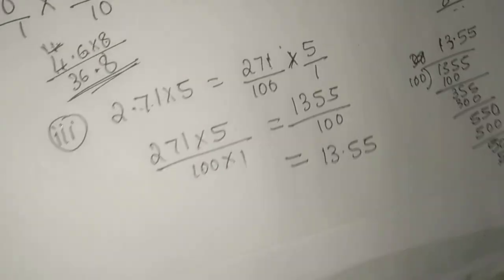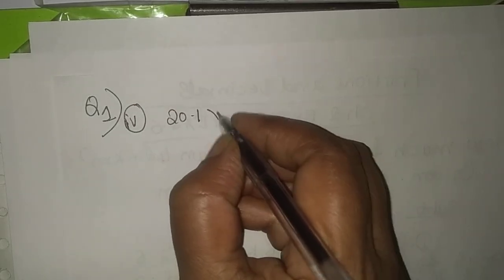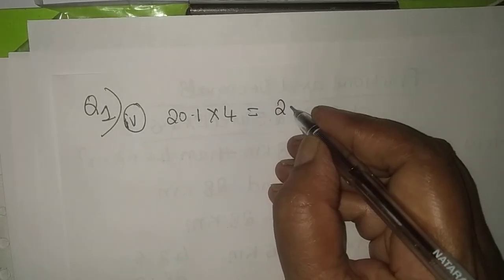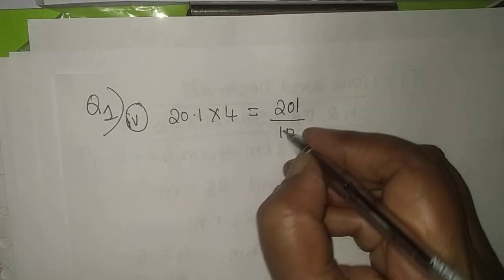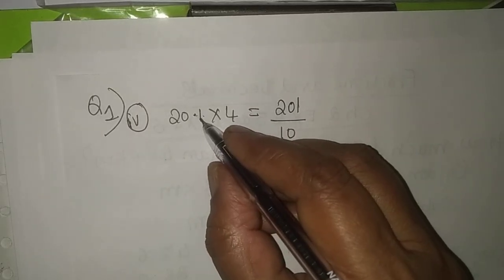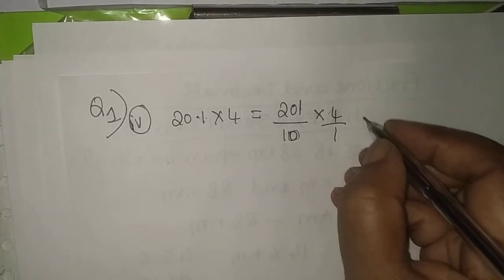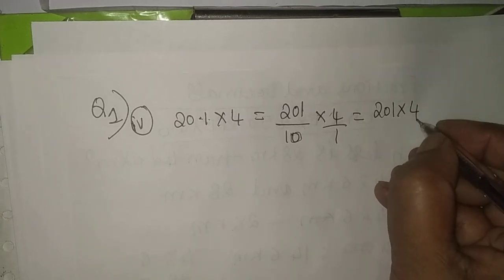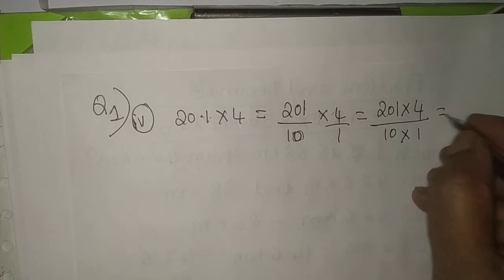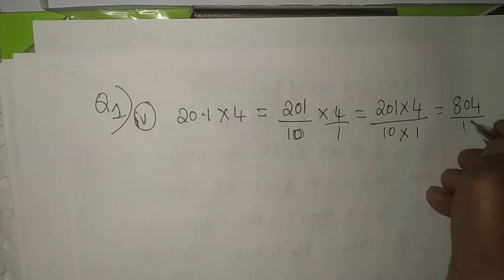Now we move on to the next one, this is the fourth. 20.1 into 4 is equal to 201 by 10, because there is one digit after the decimal point, you have to put 10 here, into 4 by 1, which is 201 into 4 by 10 into 1, that is 804 by 10.